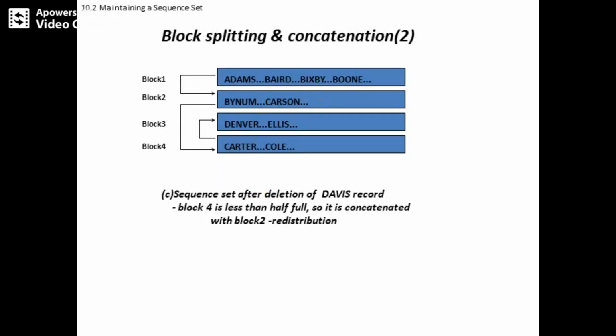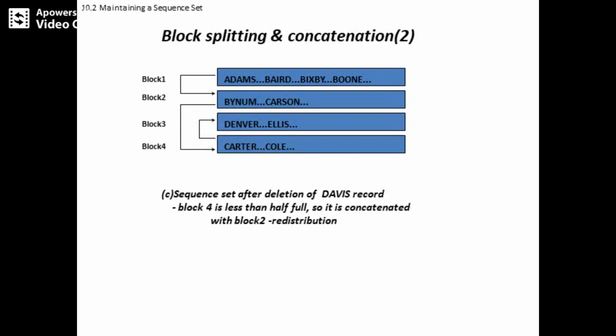When you delete, one more thing you can do is go for the redistribution option. Here, when I delete the Davis record from this particular block, I have selected the last record from this, Carter, and copied it over to this, so that both are now equally distributed and there is no underflow in any block.